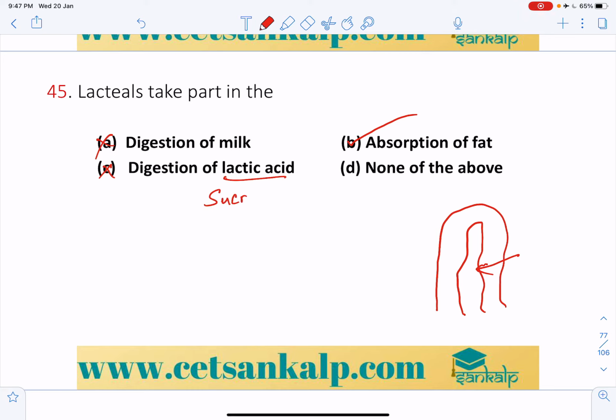Milk sugar will be converted into lactic acid, and then into curd. Absorption of fat is the answer. Lacteals take part in the absorption of fat. So B is the answer.